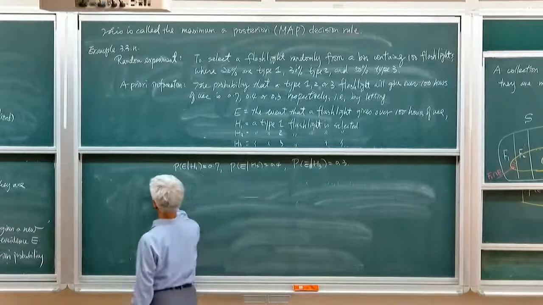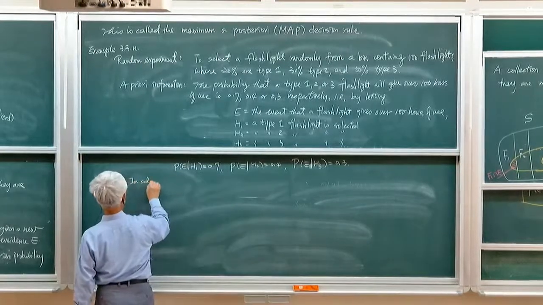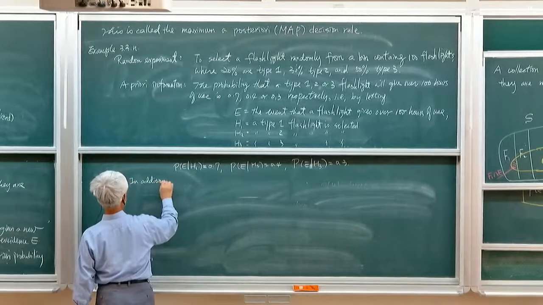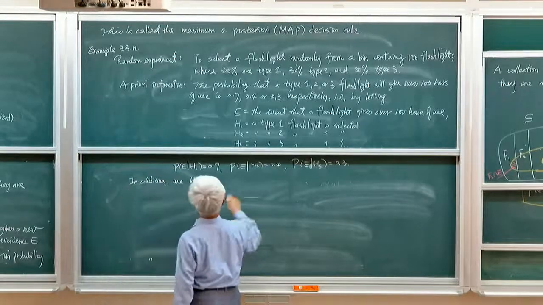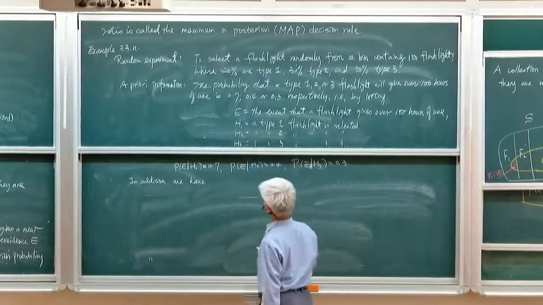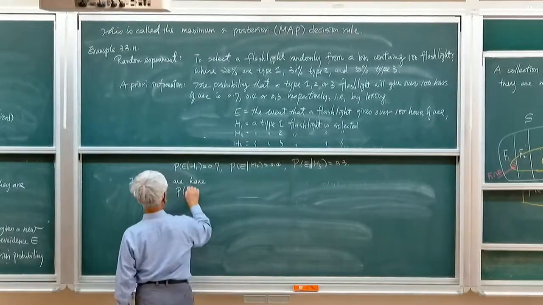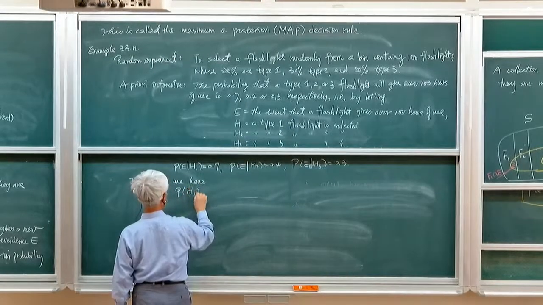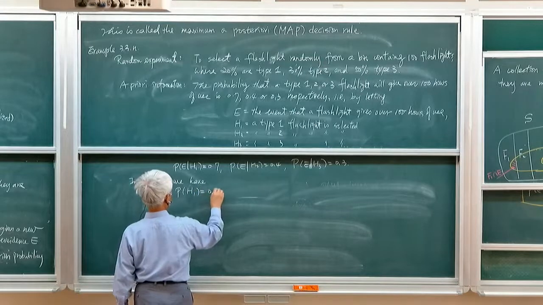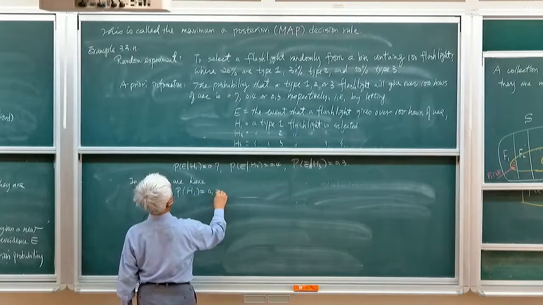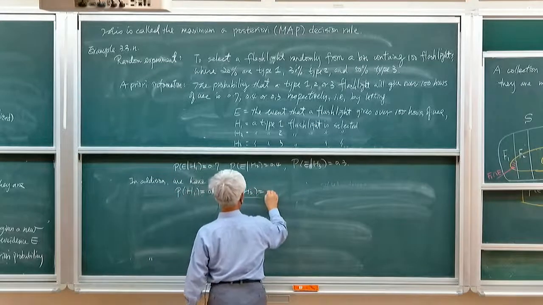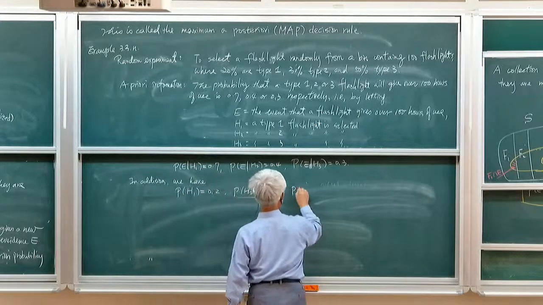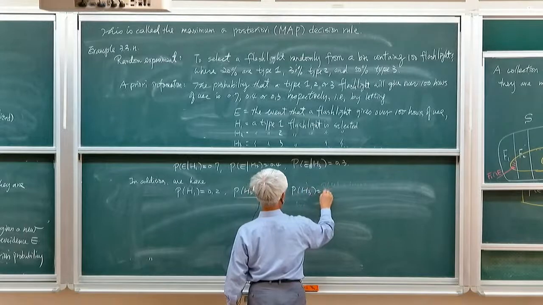Okay, and in addition, we have the a priori probabilities: 0.2, 0.3, 0.5.